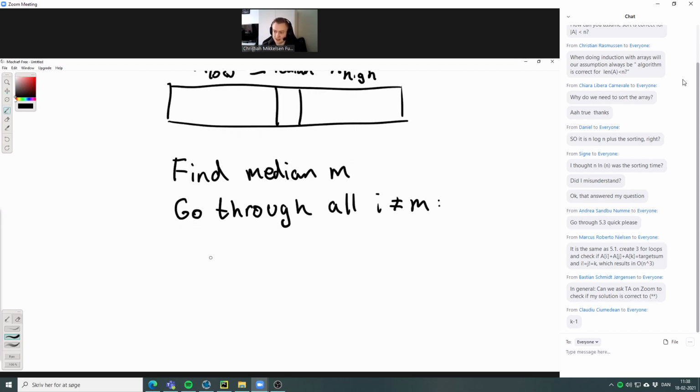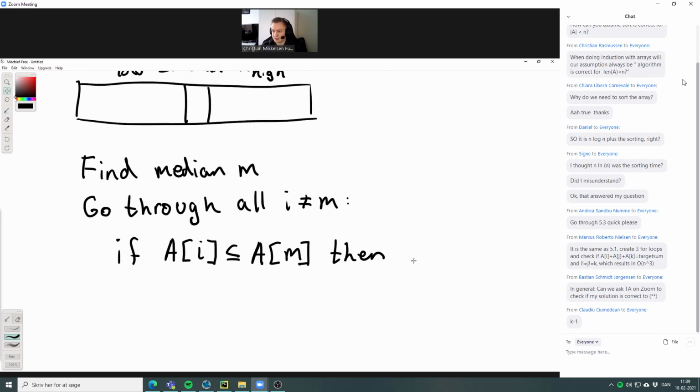And then if the element at that position is less than or equal to the median, then we have that A[i] is in A low, right?